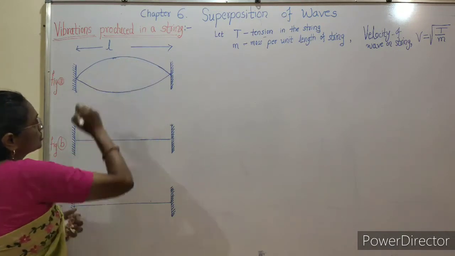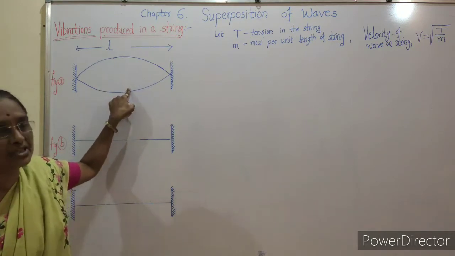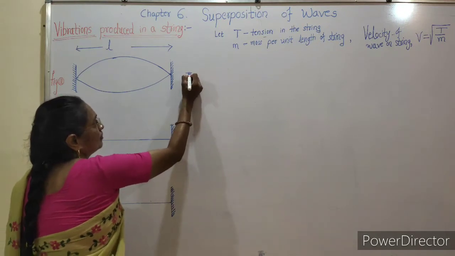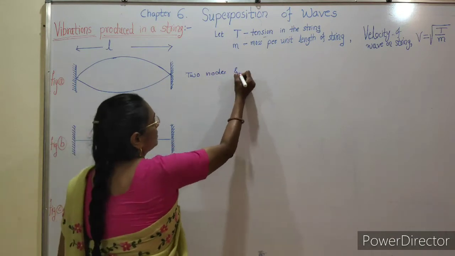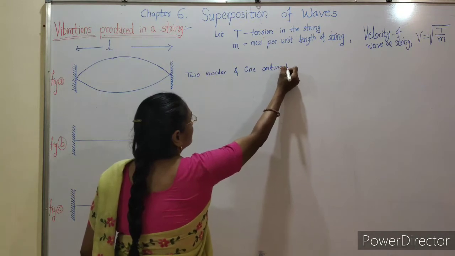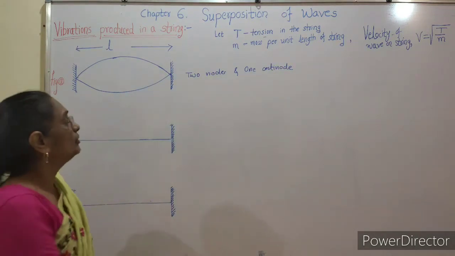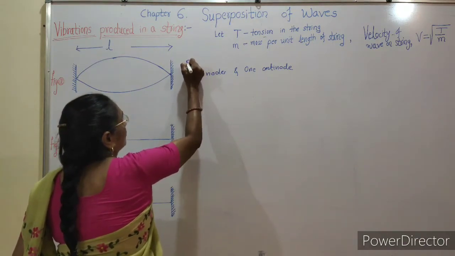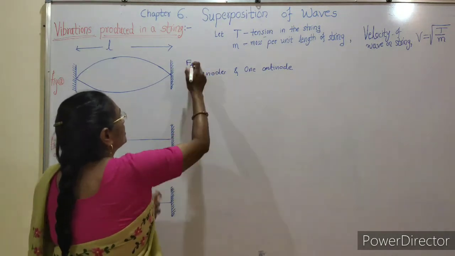A single loop is produced when the string is vibrated exactly at the center. So here there are 2 nodes and 1 antinode. This type of vibration or stationary wave is called the fundamental mode of vibration. This is the first mode, the simplest mode.